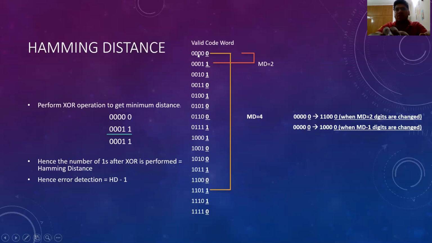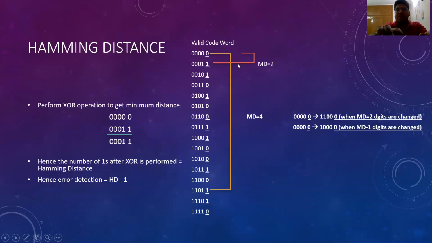So let's take another example. We take 0000 and 1101 with a parity check of 1. When we do an XOR operation on these two messages, we'll get the distance equal to 4.